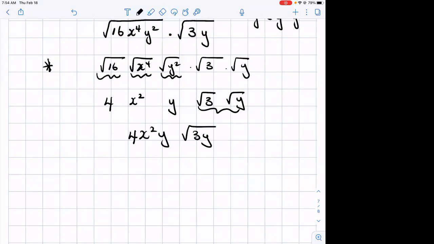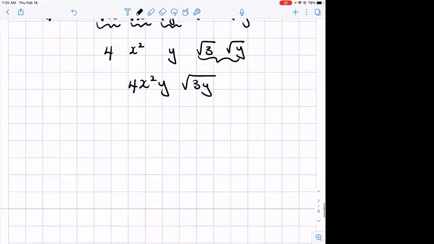Okay. So you just have to find things that the index goes evenly into. We just have to look for powers that the index goes evenly into.